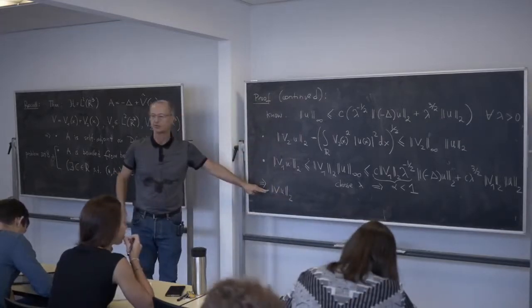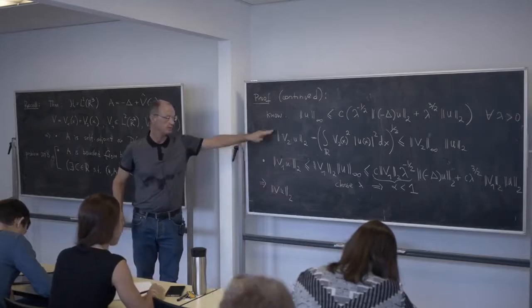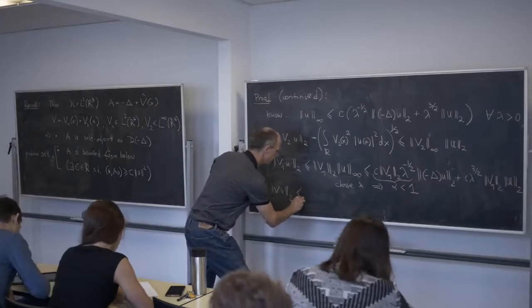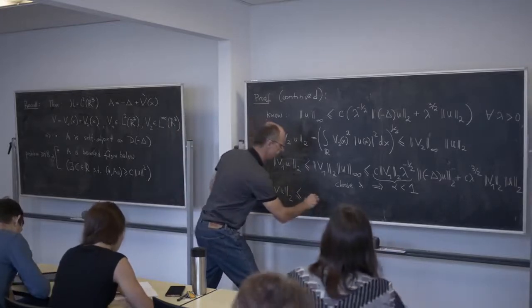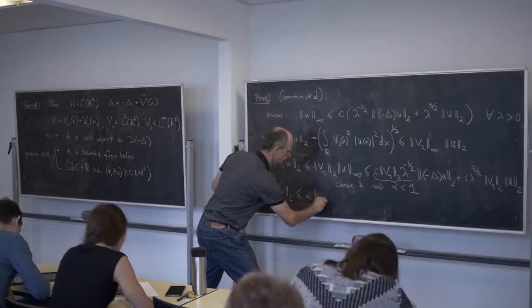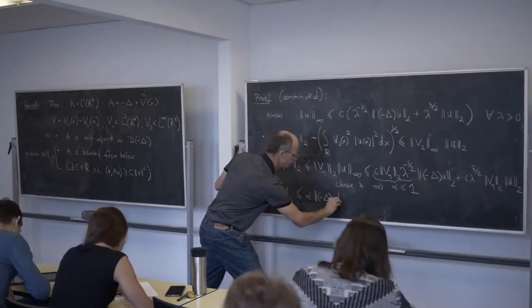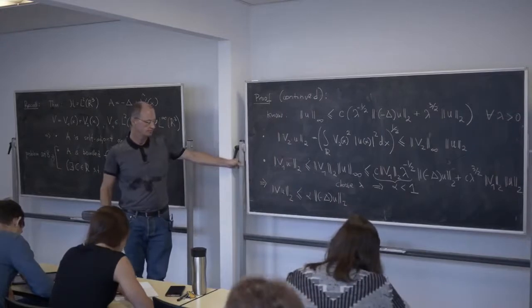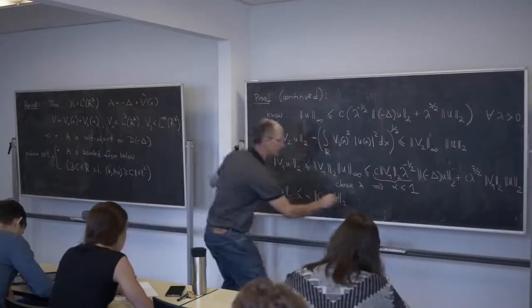Now the norm of the sum is bounded by the sum of norms, and the estimate gives alpha times the 2 norm of minus Laplacian u.